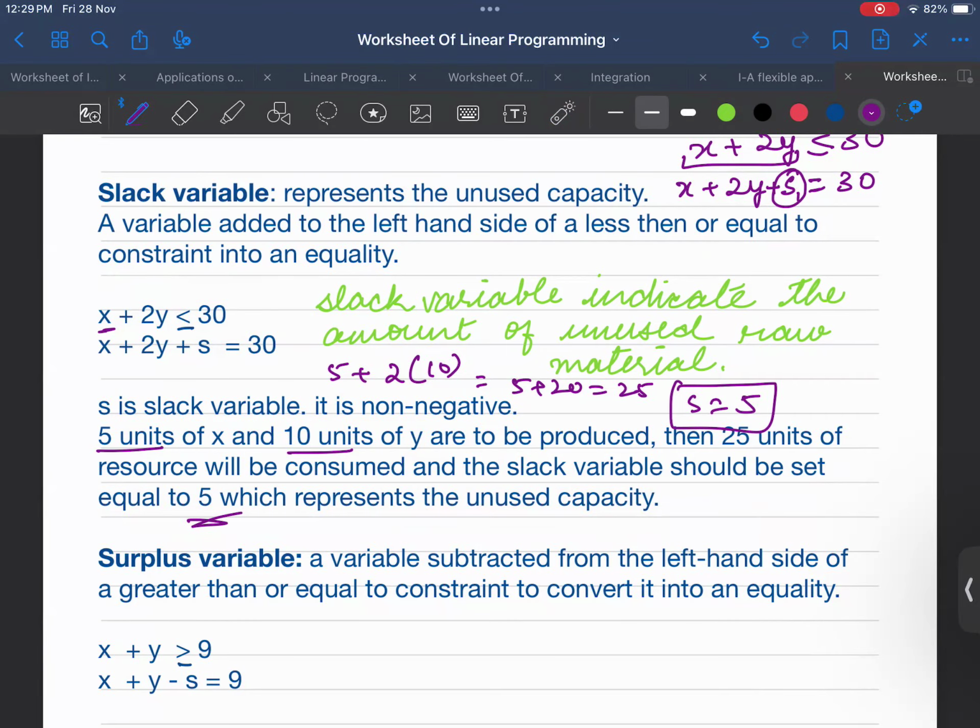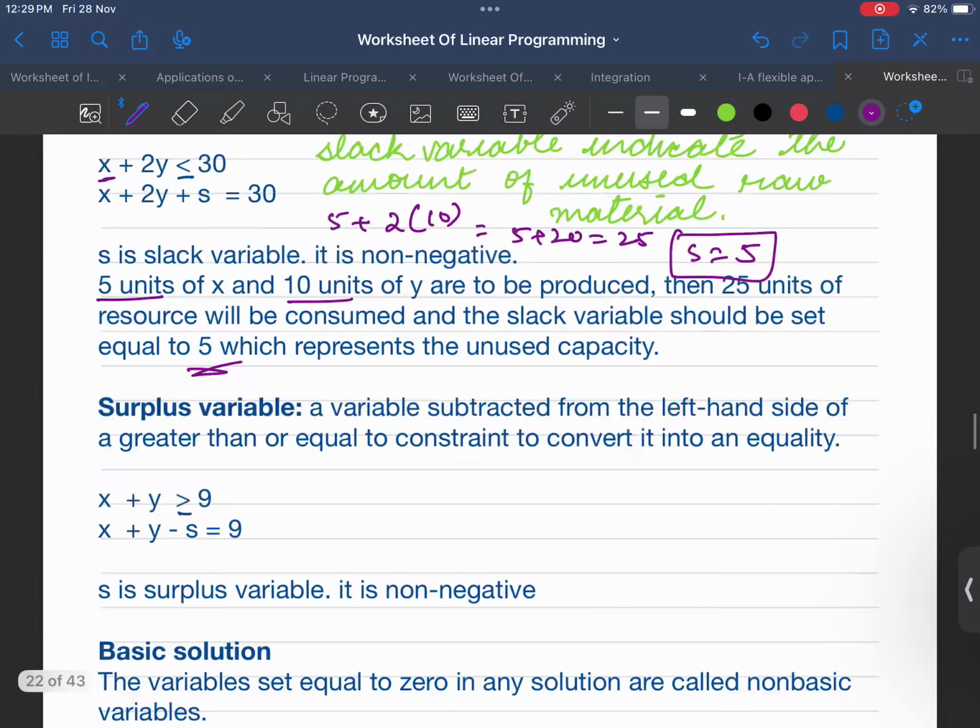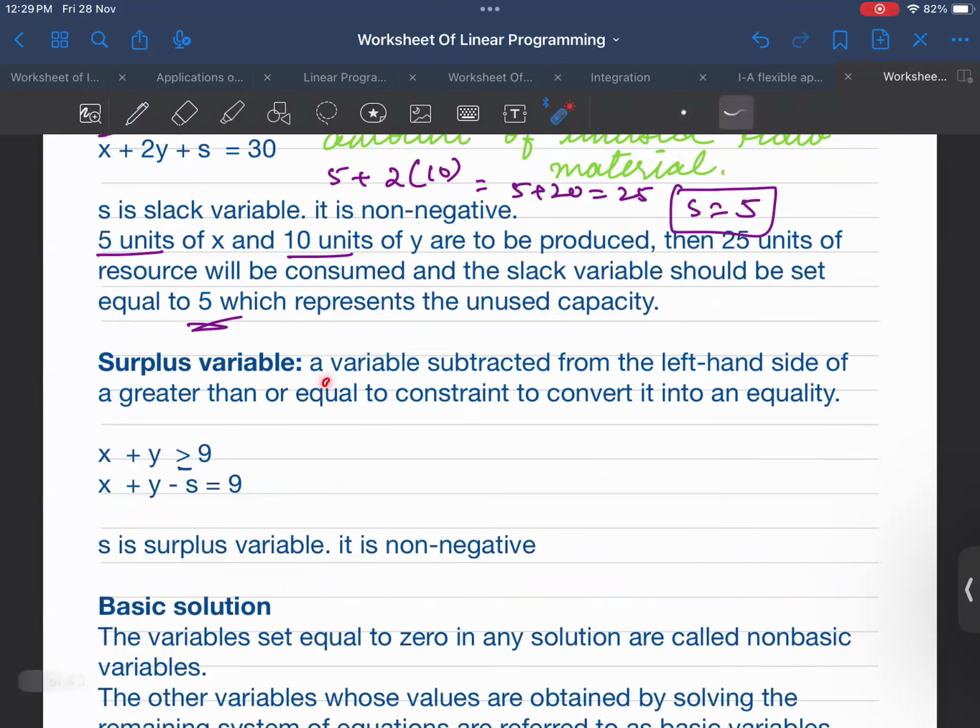Now let's understand what we mean by the surplus variable. A surplus variable is also like that, but in this case, a variable is subtracted from the left-hand side of a greater than or equal to constraint to convert it into equality. We are also converting it into equality. If x plus y is greater than or equal to 9, I want to make it equal, so I need something to be subtracted from it.